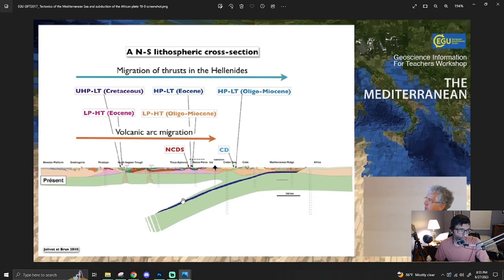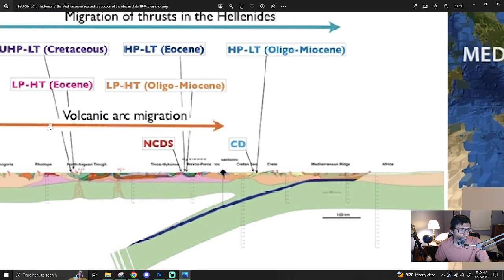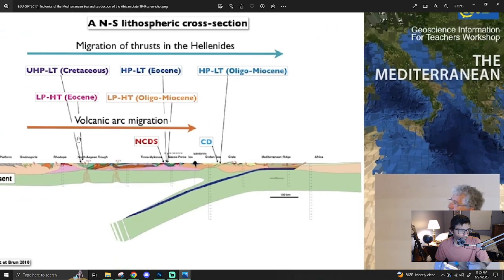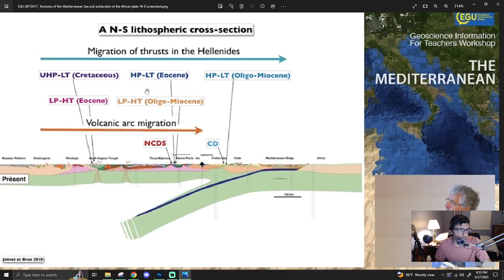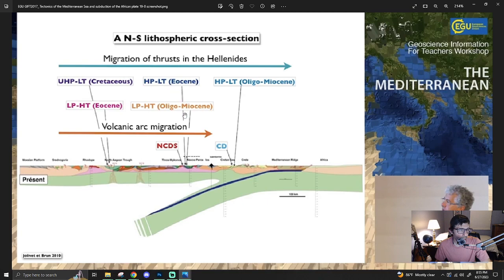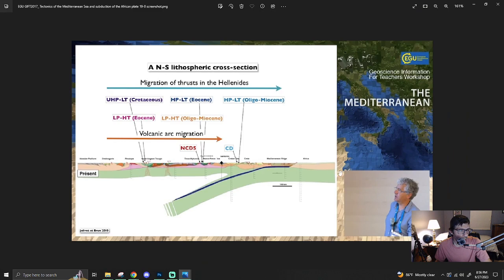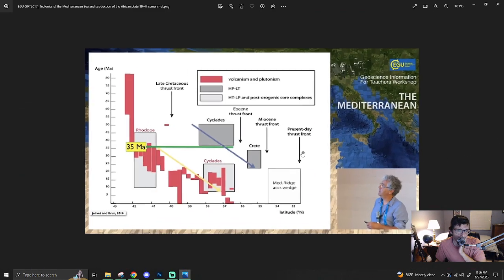Further from the collision present. No, they're like right next to each other. Oh no, that Cretaceous is next to Eocene here. Migration of thrusts. I feel like the water temperatures involve some reason. I don't know why. Maybe not.